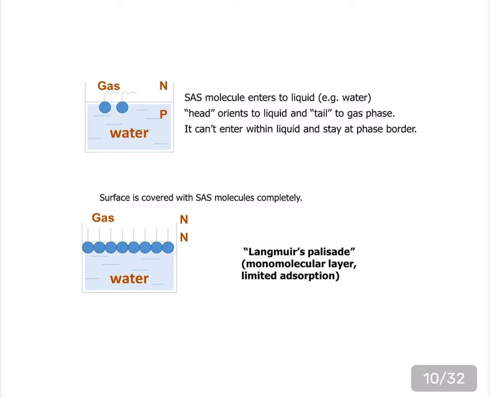Gas or air is non-polar because it contains oxygen and nitrogen, and water that is covered by non-polar tails is non-polar too.